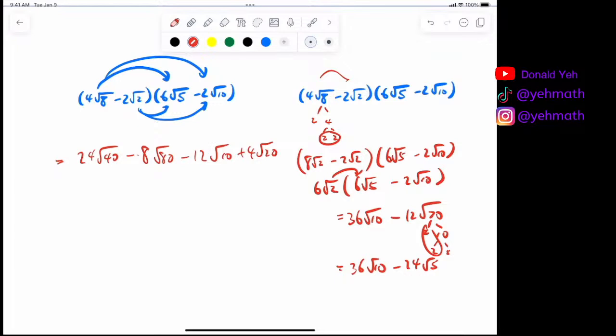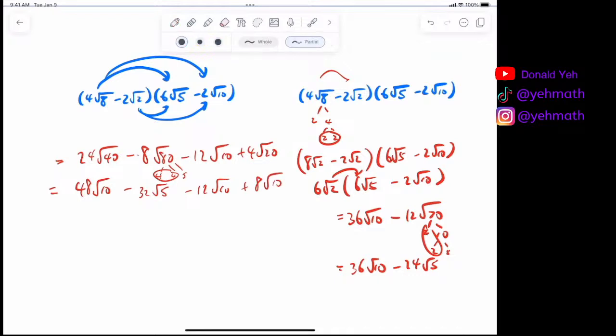Then you have to simplify. If I take out 2, that's going to be 48 square root 10 minus, I can probably take out 4, 4 and 5, I think. So it'll be 32 root 5 minus 12 root 10 plus 8 root 10. No, 8 root what? 5, right? So 8 root 5.